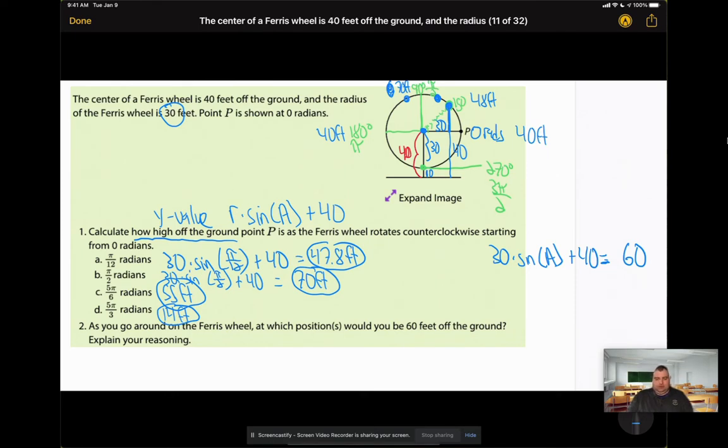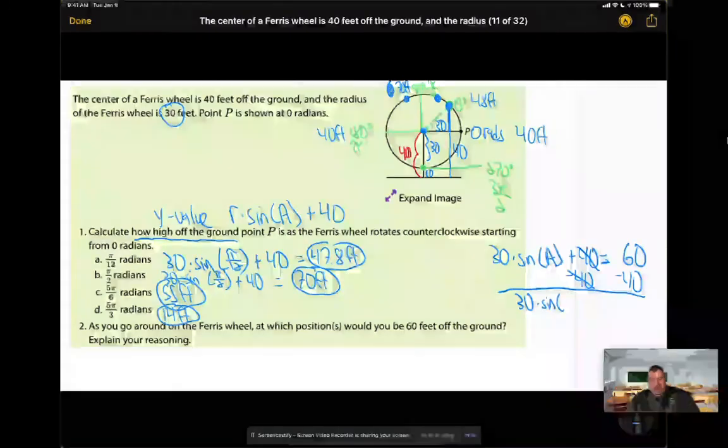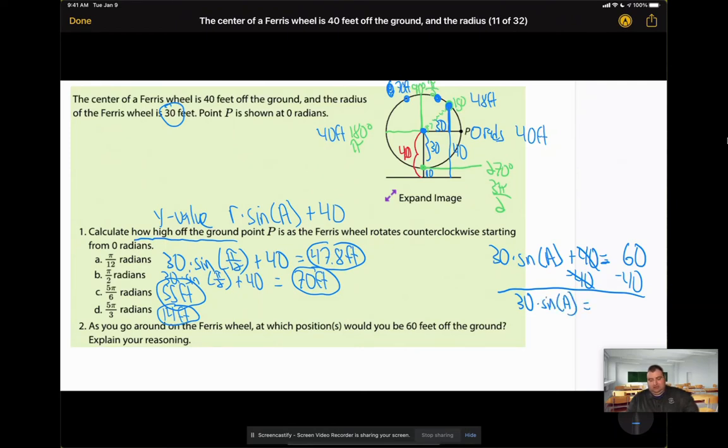Okay? So we're going to solve this equation for sine and then get our angles. So I'll start by subtracting 40 from both sides. Okay? So 30 times sine of A equals 20.